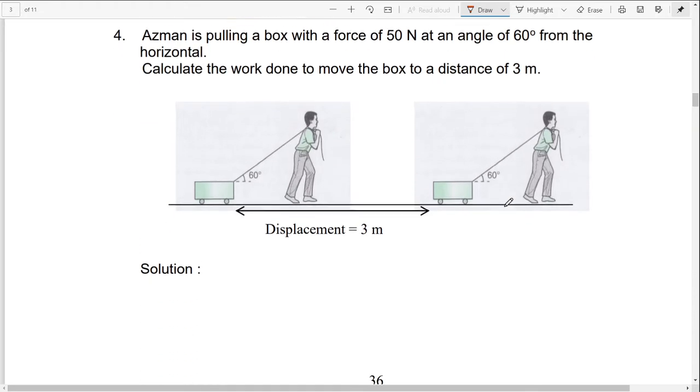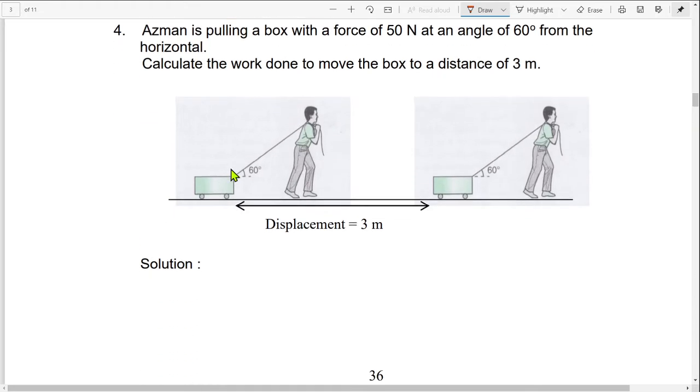Asman is pulling a box with a force of 50 Newton at an angle of 60 degrees from the horizontal. Calculate the work done to move the box a distance of 3 meter. So the displacement is 3 meter. I have a force going up, that is 50 Newton.